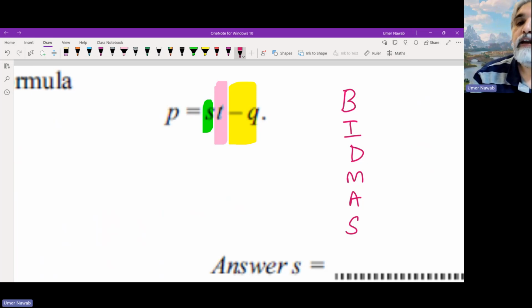But when we are solving equations, we always use the opposite BIDMAS rule.